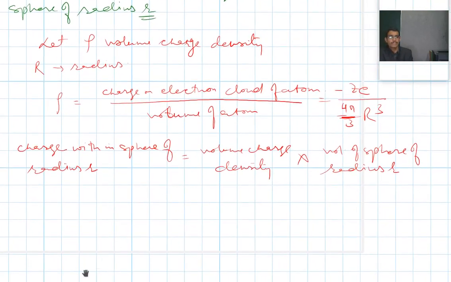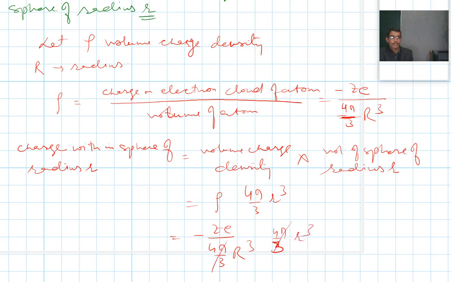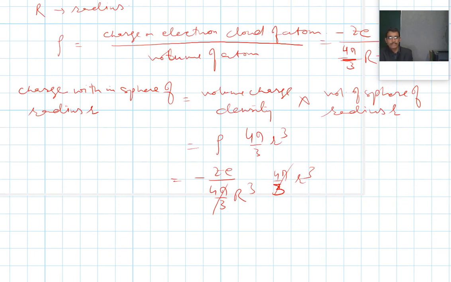So that means this is equal to rho multiplied by 4 pi by 3 r cube. What is its value? Its value will be minus Ze over 4 pi by 3 R cube, times 4 pi by 3 r cube. This 4 pi by 3 will cancel out. So the charge comes out to be minus Ze r cube over R cube. That's what we are getting.